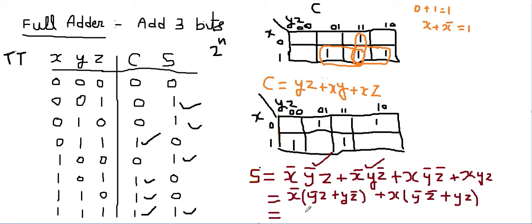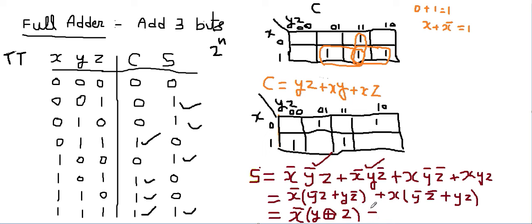You can refer again to the logic gates, and you will find this type of equation in the XOR table. So I will write x complement and y XOR z. This is the symbol of the XOR gate.